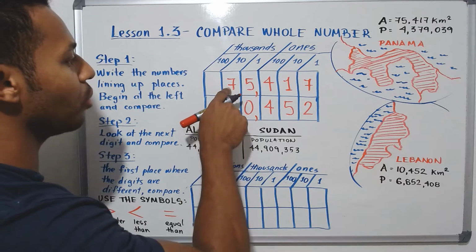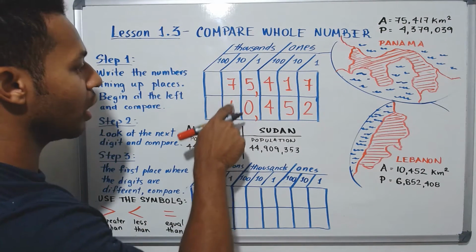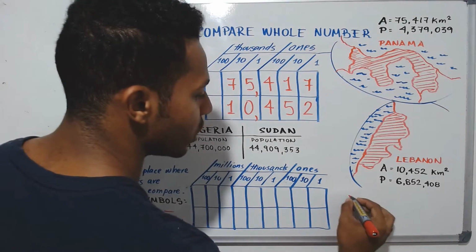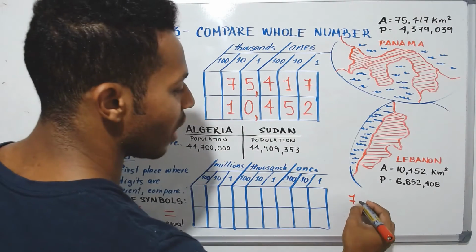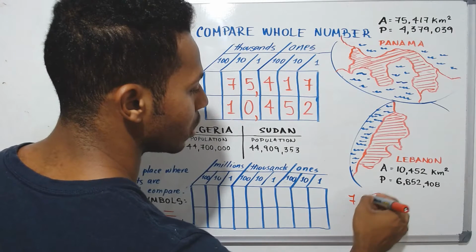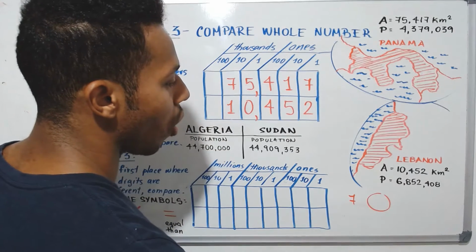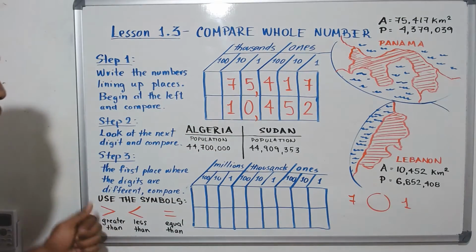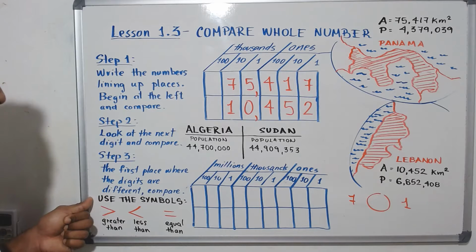But in this example, we have 7 and 1. So the question is, is 7 ten-thousand greater or less than 1 ten-thousand? Use the symbols to represent your answer.